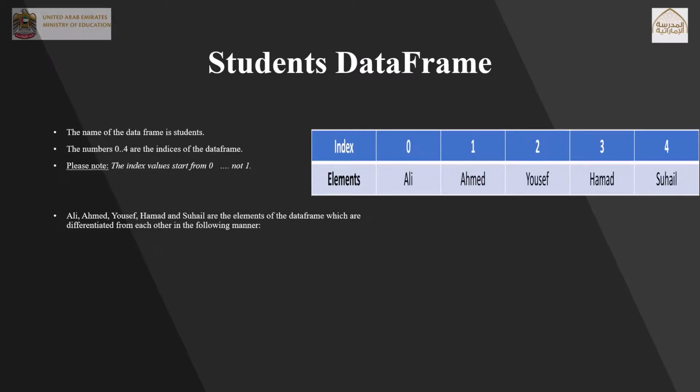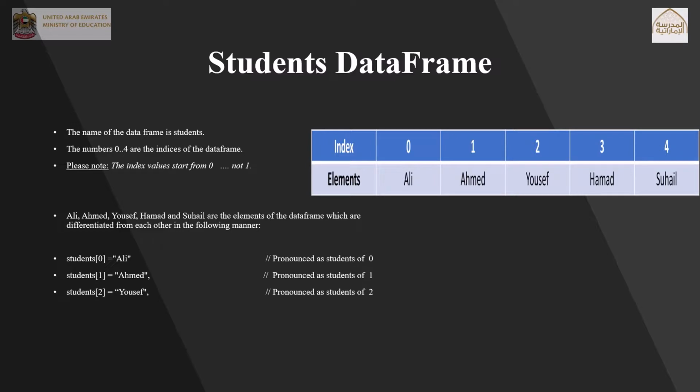The element at index 0 is Ali. The element at index 1 is Ahmad. The element at index 2 is Yusuf. The element at index 3 is Hamad. And the element at index 4 is Sohail.